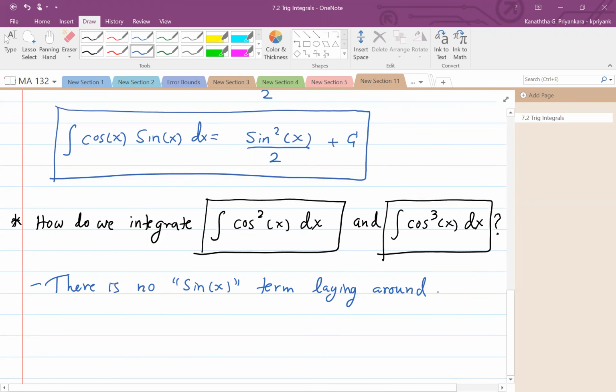That's why we cannot use u substitution here. So let's see how we are going to do these two integrals.